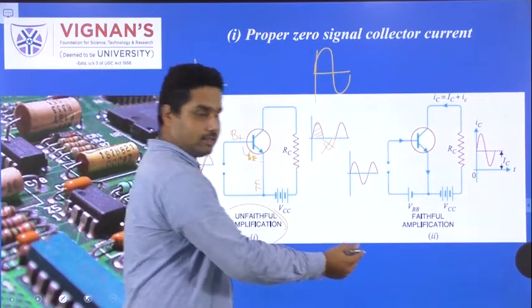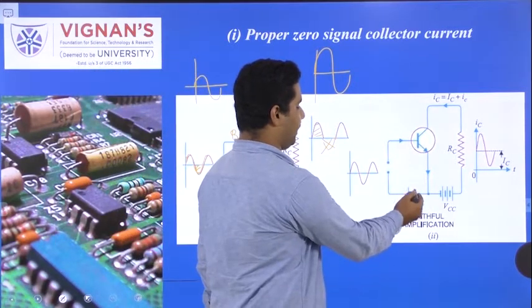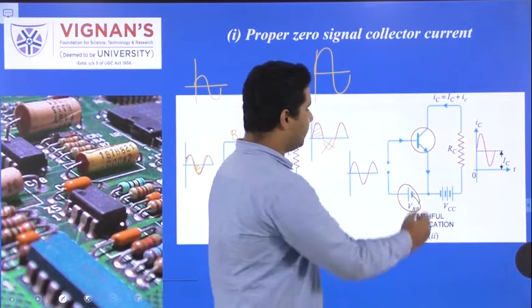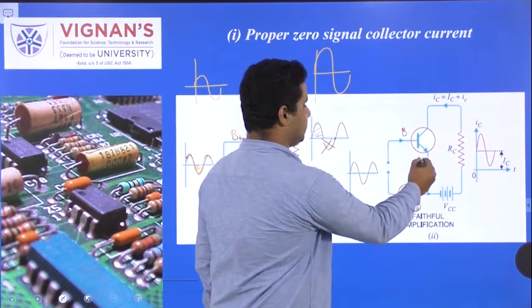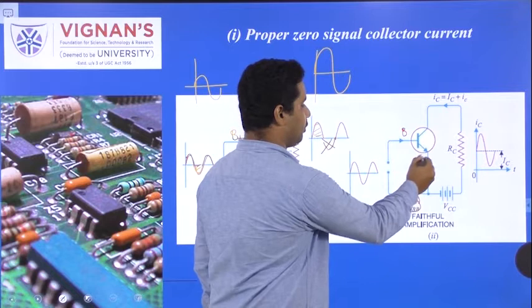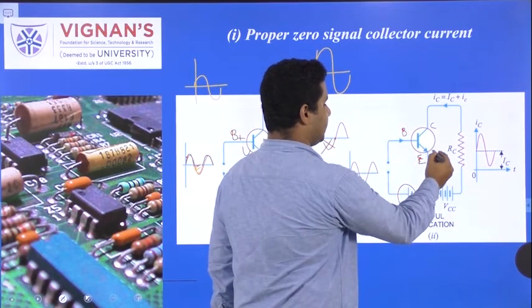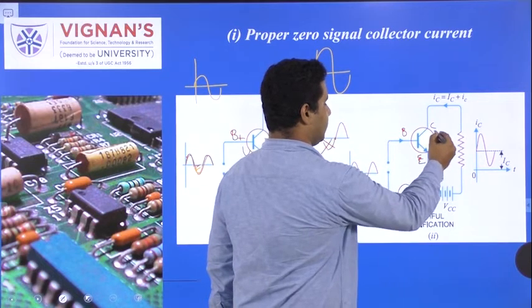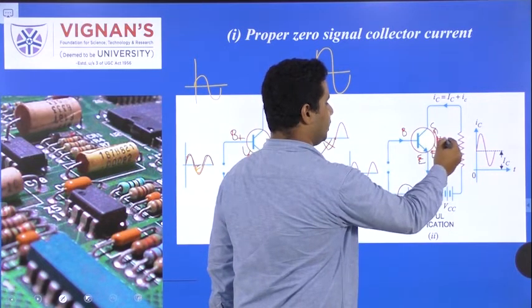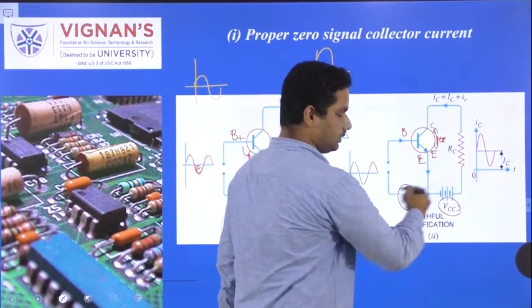In this case, by providing VBB voltage, the base and emitter are getting the required forward bias. Similarly, the collector and emitter are also getting proper power supply from VCC.